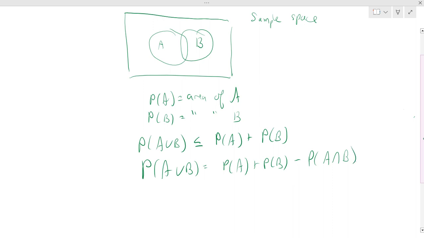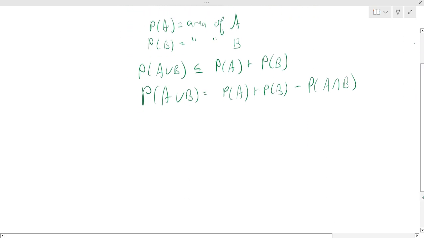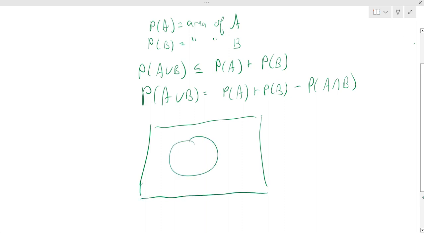If I do it with three sets, you can see something like this. I can do A, B, and C, and you'll see that we're trying to get a general trend of what's going on here. A is this circle, B is this circle, C is this circle.